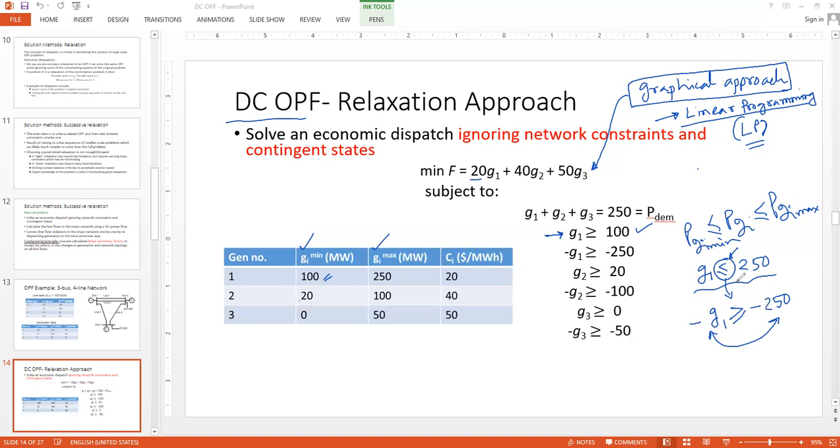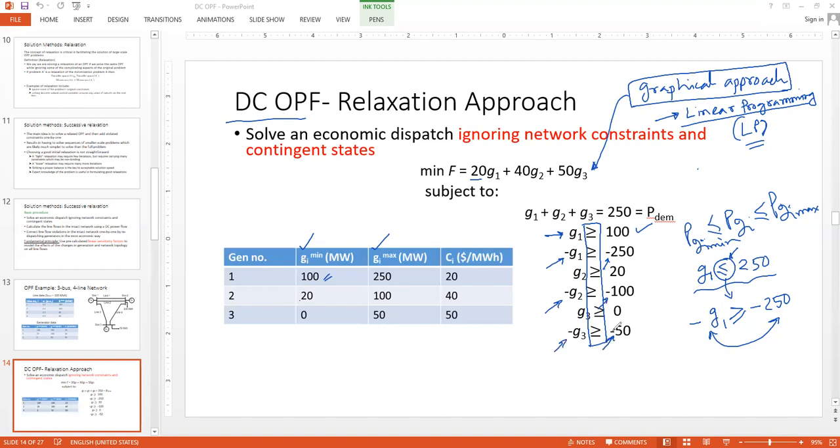This is how we are going to update it, so that you can see now that all the constraints over here have been converted to greater than or equal to constraints. Okay, there is no less than or equal to constraint anymore. But while we do this, we have to make sure that these signs are updated accordingly.